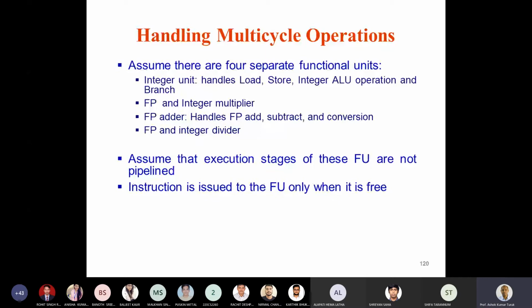So if a hazard takes place, then we can detect it at the instruction decode stage and we can stall the execution of the instruction.